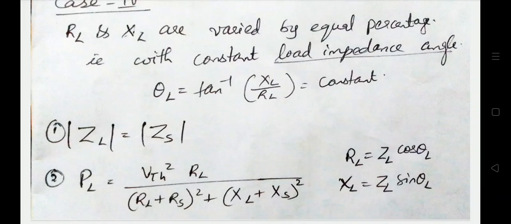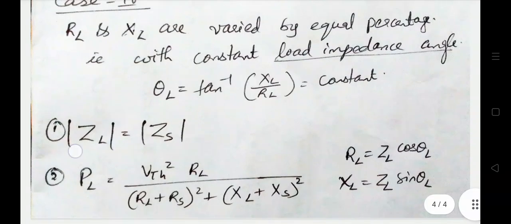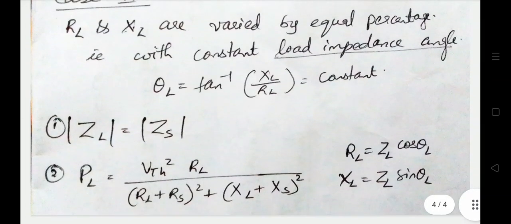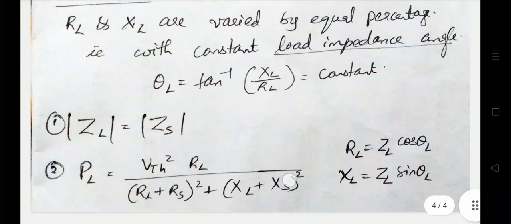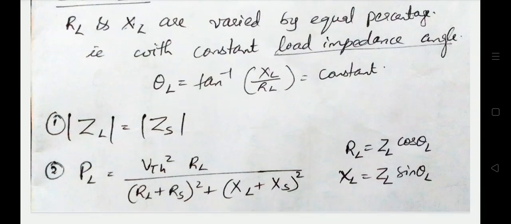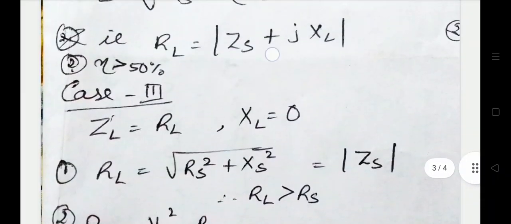In such cases, the modulus value of load impedance is equal to the modulus of internal impedance or Thevenin's impedance. Here also we calculate the power with the formula VTH square into RL by (RL plus RS) the whole square plus (XL plus XS) the whole square. Here theta L is a constant, as we already said. That means RL can be found by ZL cos theta L and XL can be found by ZL sin theta L. Understood? Now let's see the statements.